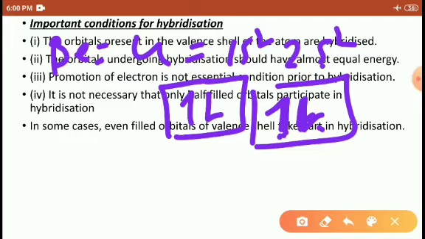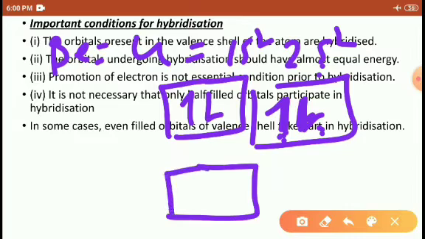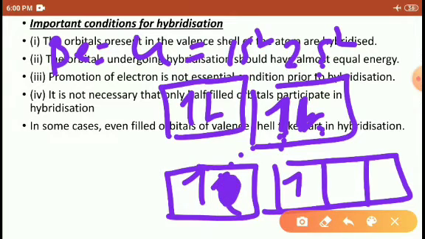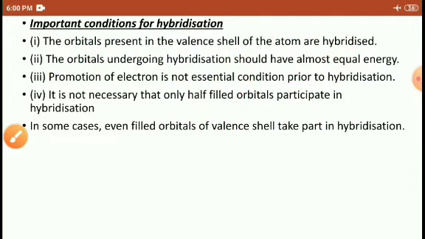Both electrons belong to the s orbital, so that's why it causes more repulsion. So this is promoted to here, and it becomes unpaired. Right, students? Some orbitals participate even after being fully filled, like beryllium and carbon, where electrons are promoted even though the orbitals are filled. Right, students?